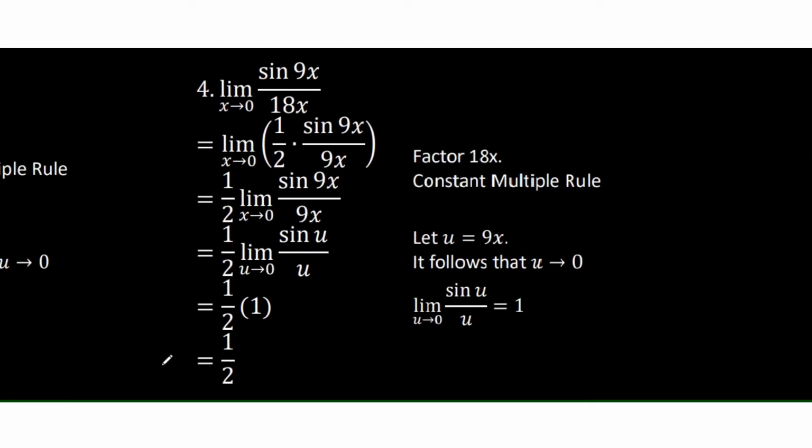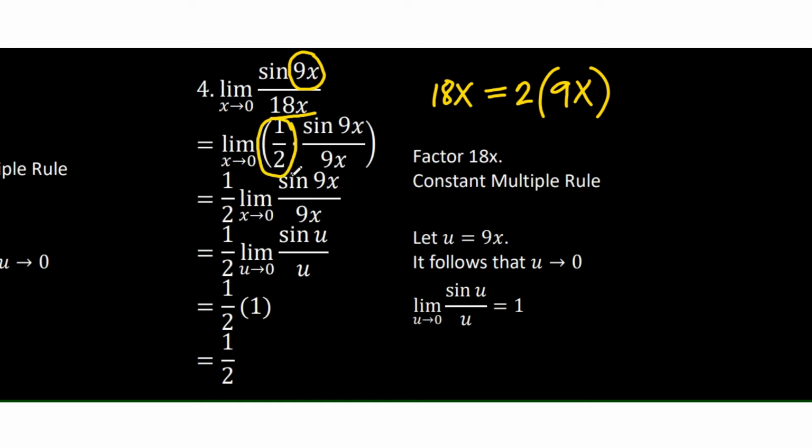On the fourth example, we have 9x, but this is 18x. So it means to say 18x will be factored out and we separate 9x. So we just need to have 2 times 9x. That is the reason why we separated 1/2 here, because 2 is found on the denominator.